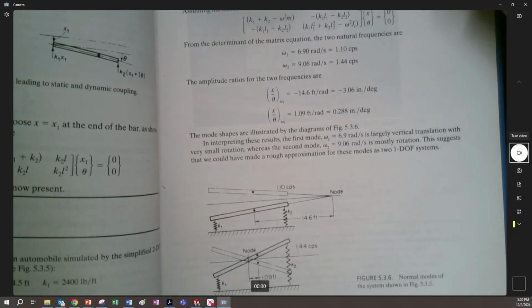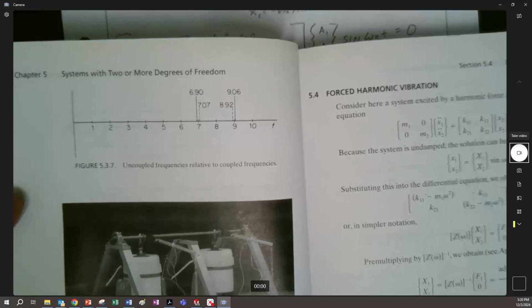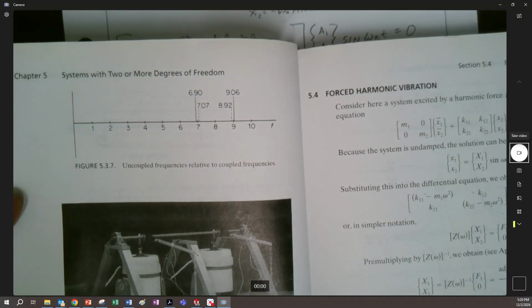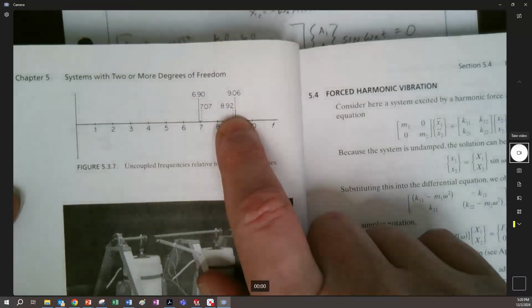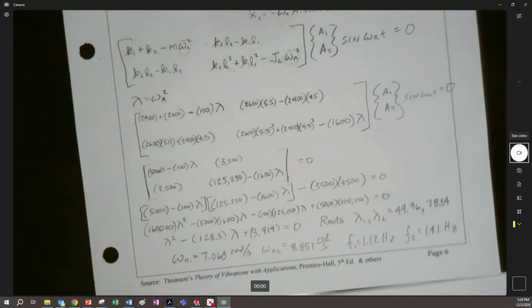They also give a little bit of a description of what happens if you did a 1 degree of freedom, and here's how far off you'd be. Although this looks like what mine were, right? 7.07, is that what I got? 7.07.